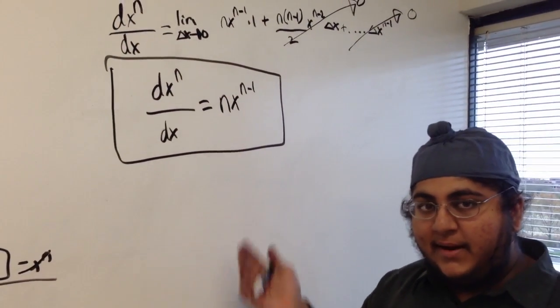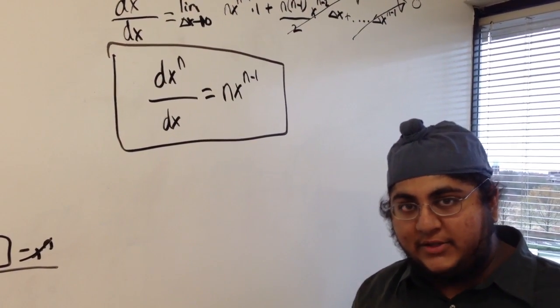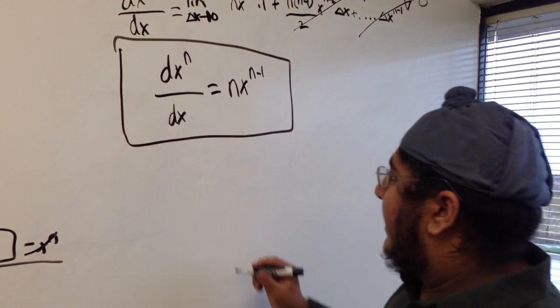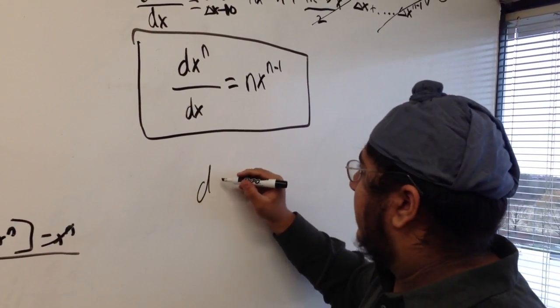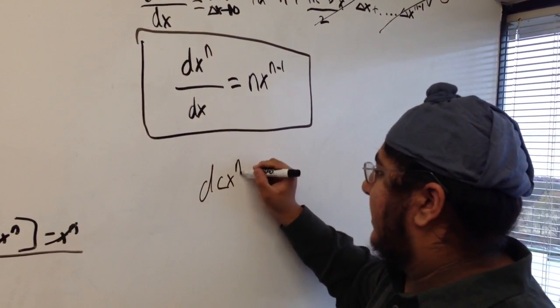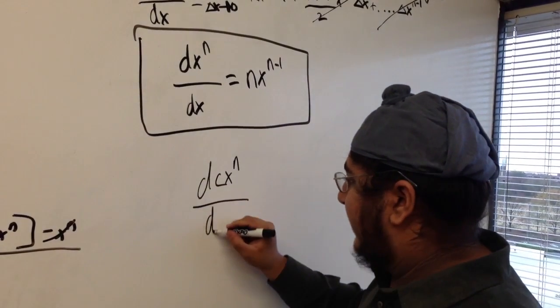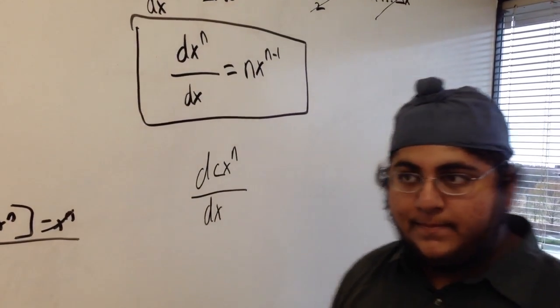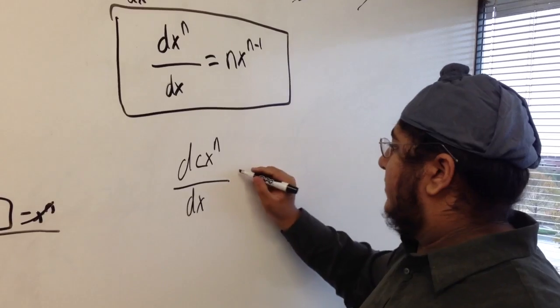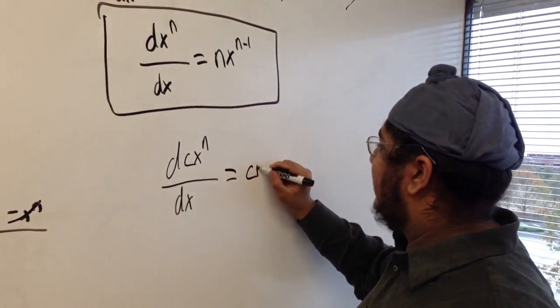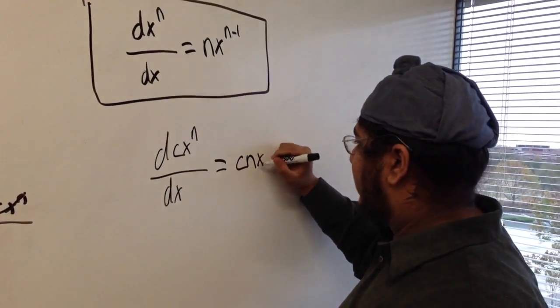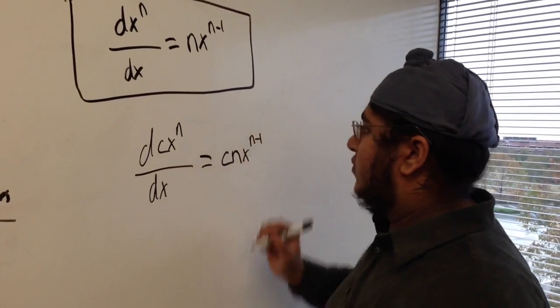With this, we can now find the derivative of any polynomial function. We'd write it as the derivative of cx to the n with respect to x. This is assuming we know the product rule, being equal to cnx to the n minus 1.